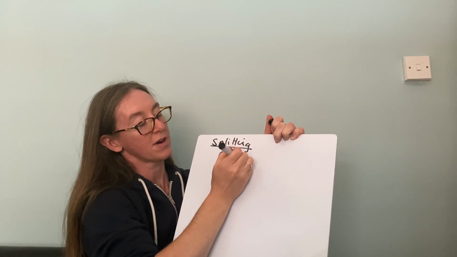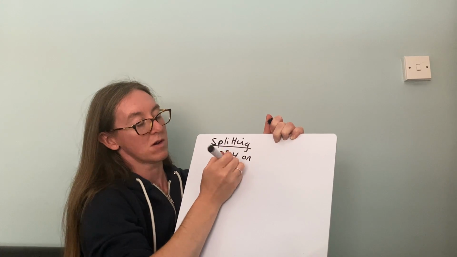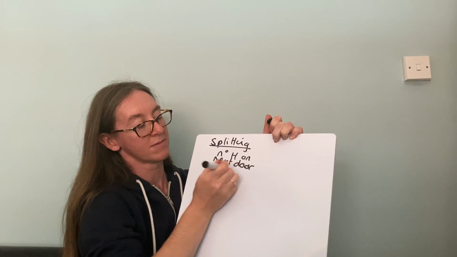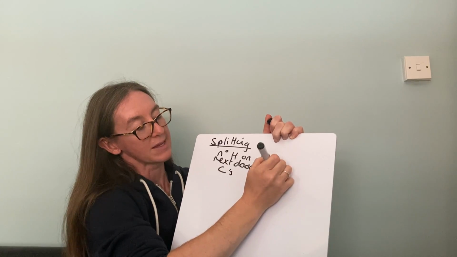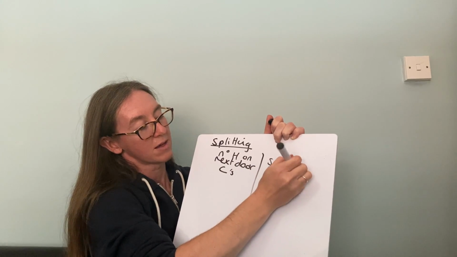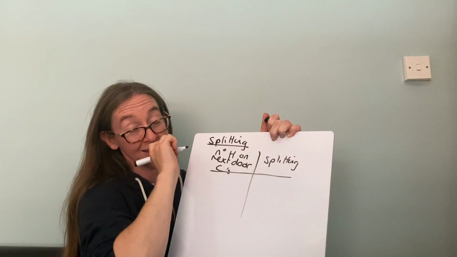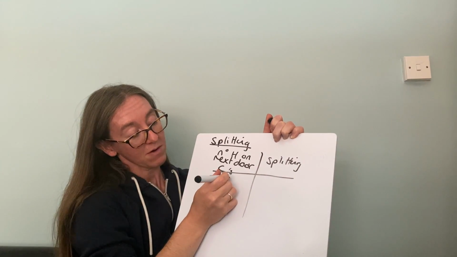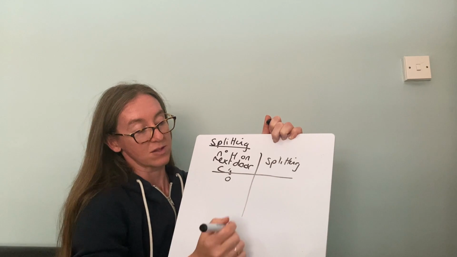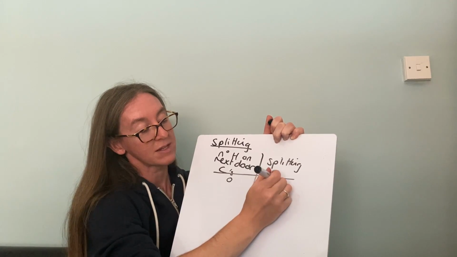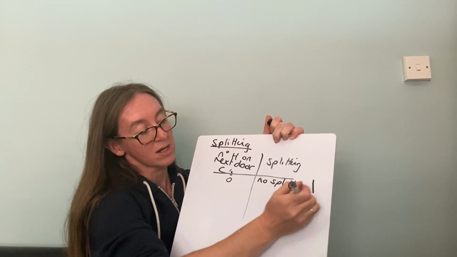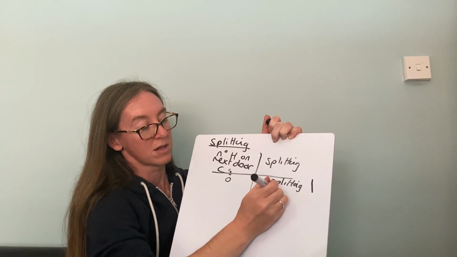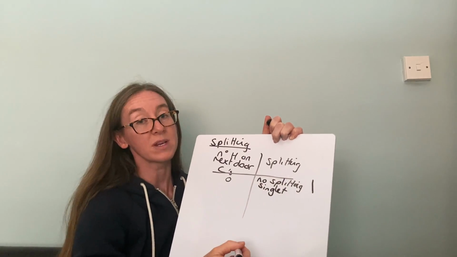So the number of hydrogens on the next door carbon, and then the splitting. It's an easy pattern to learn. If there are no hydrogens on the next door carbon, there is no splitting. So what you see is just a line which we call a singlet.